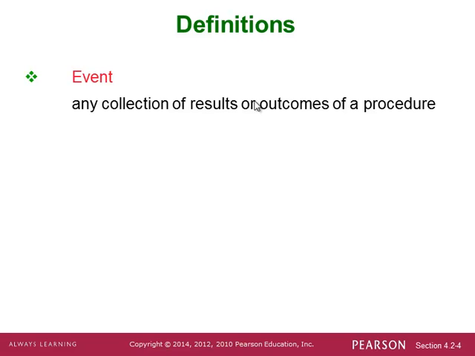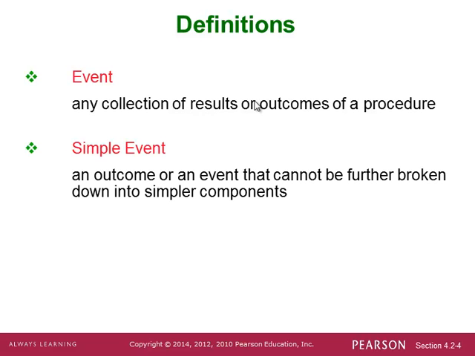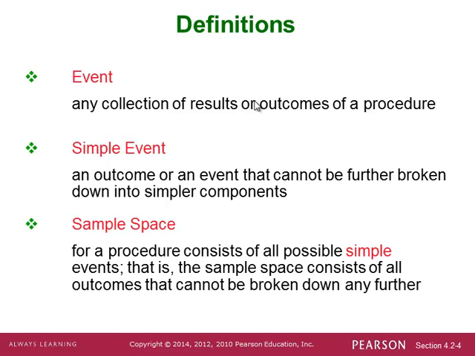It could be all of them, it could be one of them, or even none of them, but it's going to be some combination, some subset of all the possible outcomes that could arise from the experiment. Now, a simple event is an event that cannot be broken down into simpler components, versus a more complicated event that could be the union of two or more events.